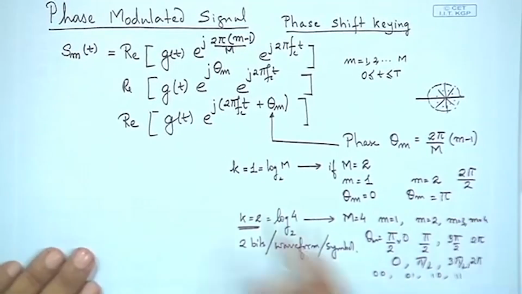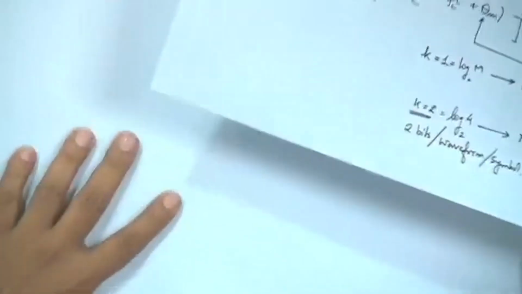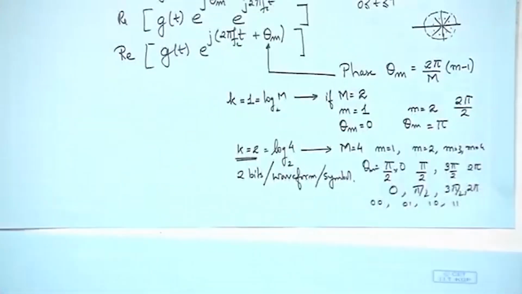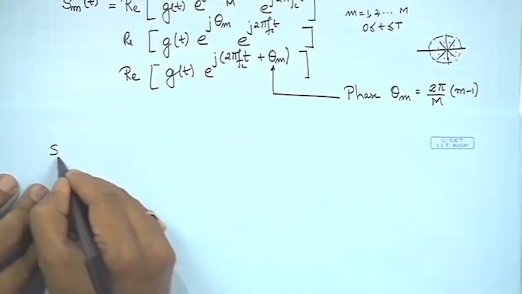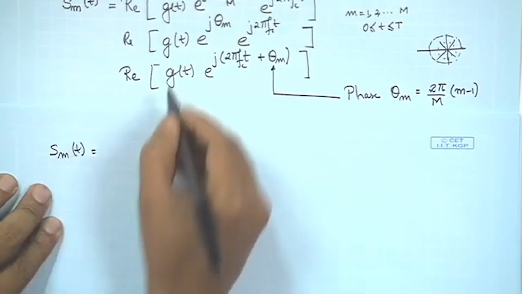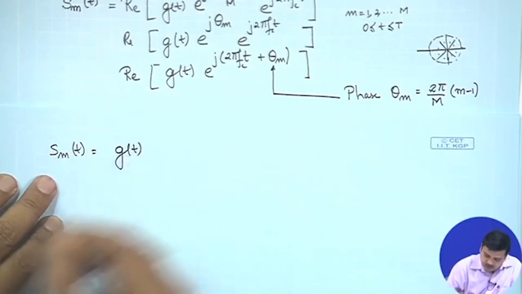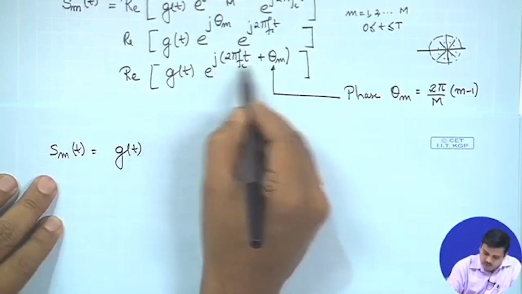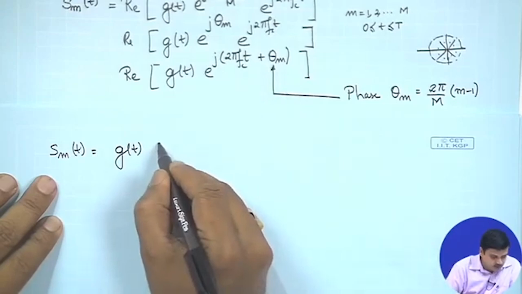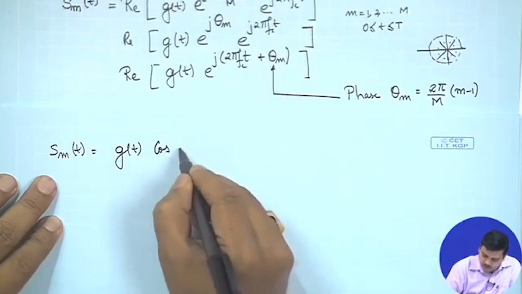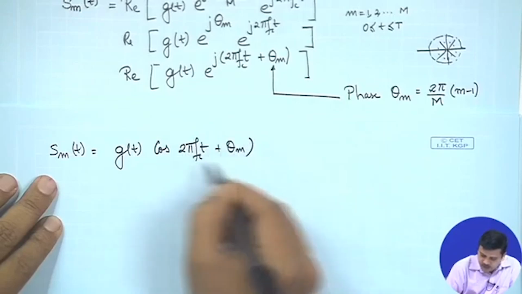So, moving ahead with this representation, you could now write the expression of s_m(t). We continue on this particular format that we have, g(t). So, we have this whole expression, and we could write it as g(t) cos(2 pi f_c t plus theta_m).